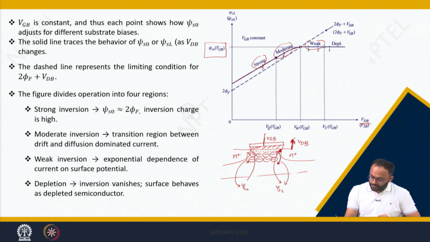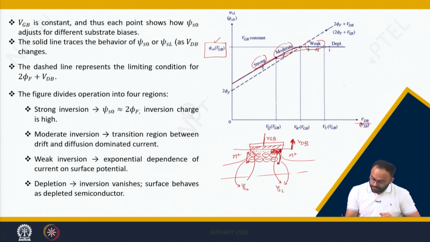The moment you increase VDB, the inversion layer near the drain end will vanish, because you are moving from strong inversion to weak inversion. The moment you increase the VDB, this region goes into weak inversion, and hence the surface potential attains its maximum value of psi SA, which is nothing but obtained in depletion and weak inversion.